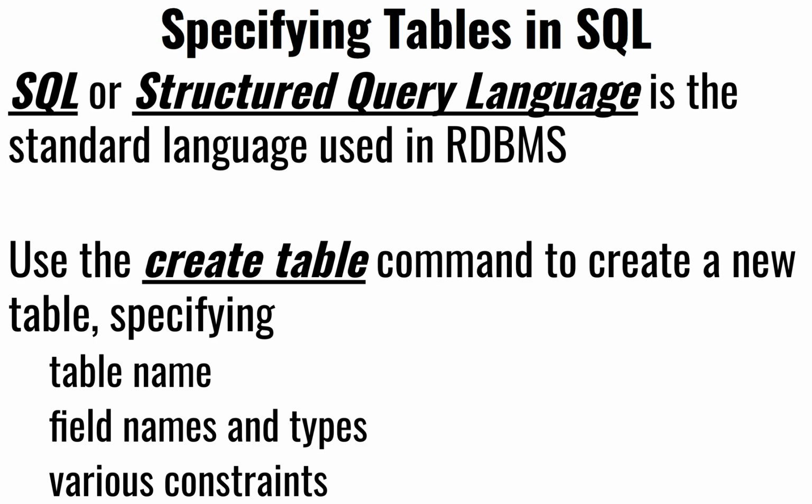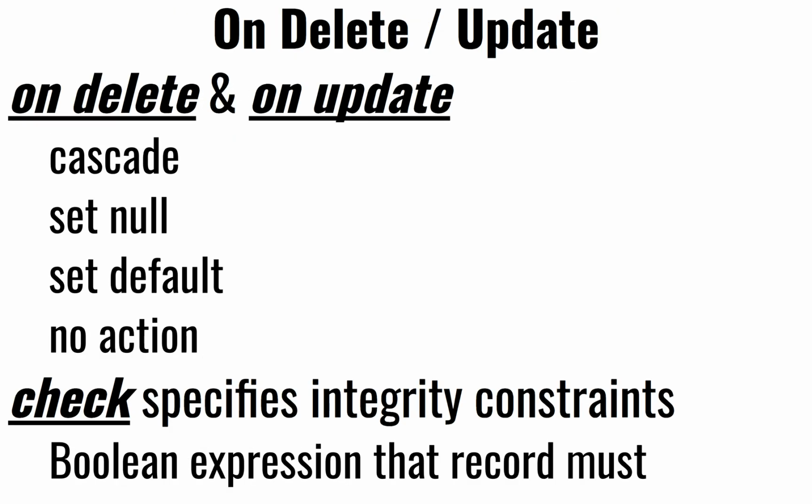That will allow us to declare the schema, creating all these buckets of data, and to declare the name of the table, the fields, and the various constraints within that table.